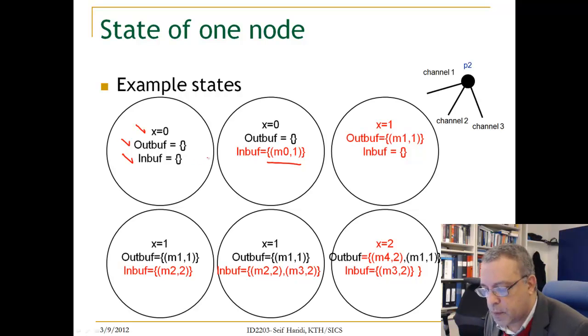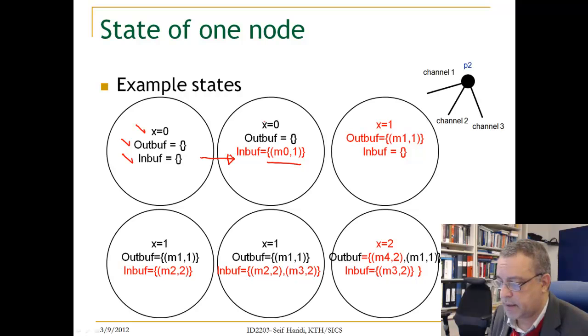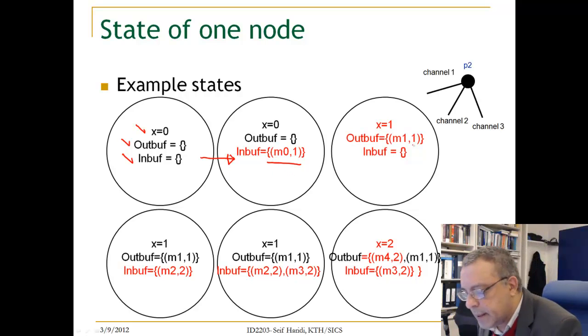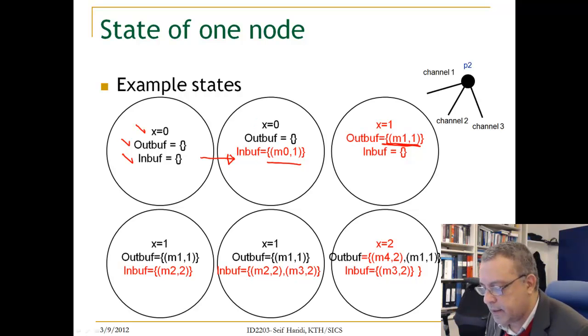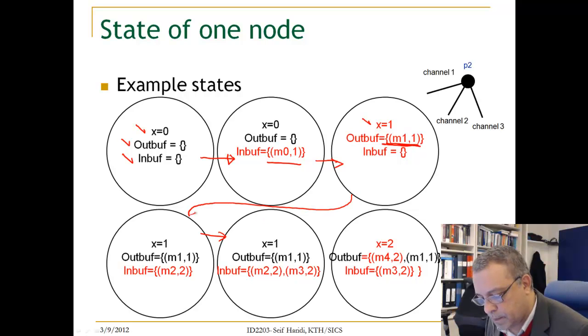So it moved from this state to that state. And that state is a state where it has a message on the input buffer and the local variable is still 0. At this point, this node did a computation step. And this computation step resulted in sending a message, which is a message on the output buffer, and incrementing the variable x. And we move from one state to another this way. Okay, so this is how we move.